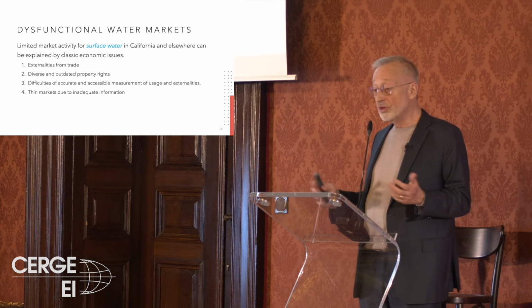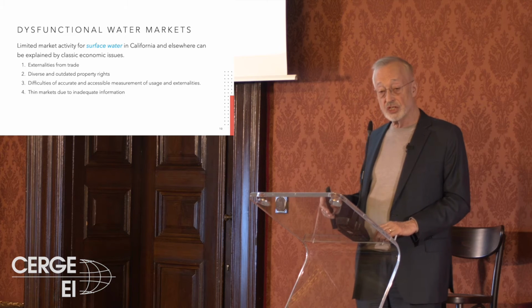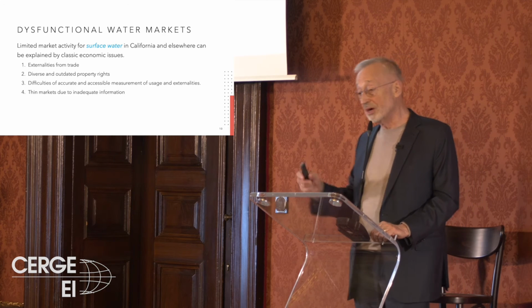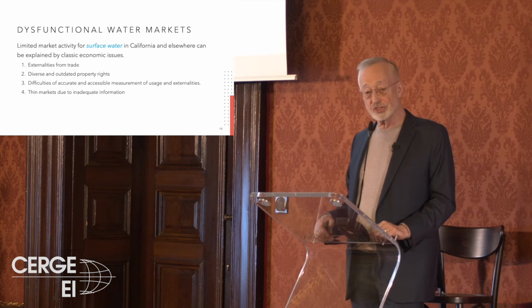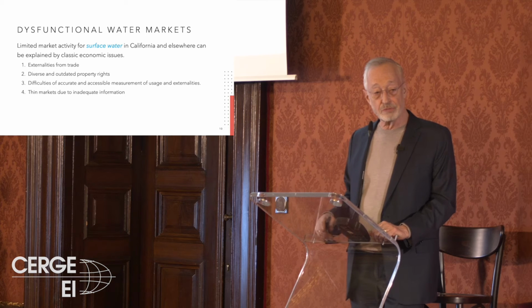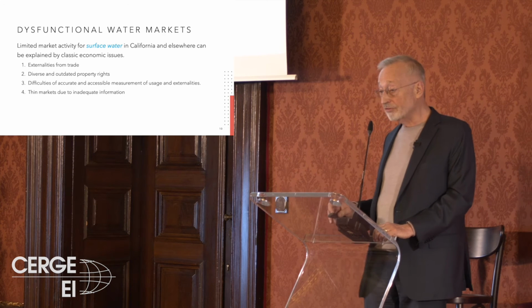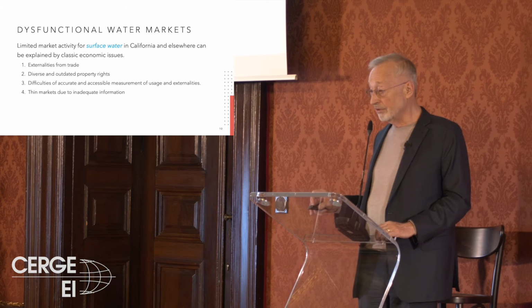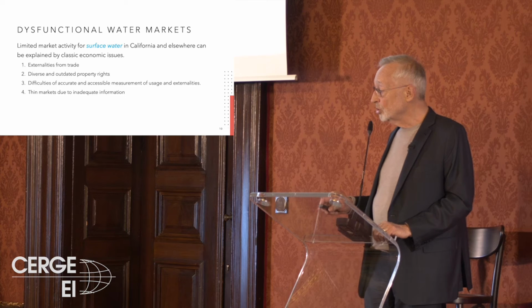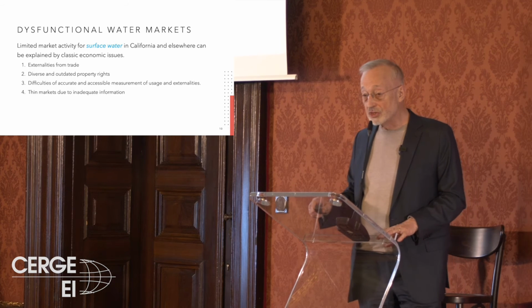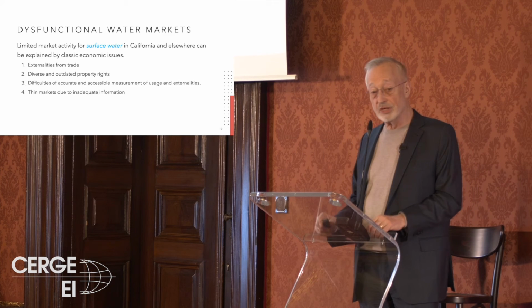And there are thin markets due to inadequate information. The market infrastructure is missing. Market infrastructure, the market could supply by itself if it weren't for the other problems. But these other problems are fundamental ones to creating effective markets. So I want to explain externalities because I think this is pretty fundamental.